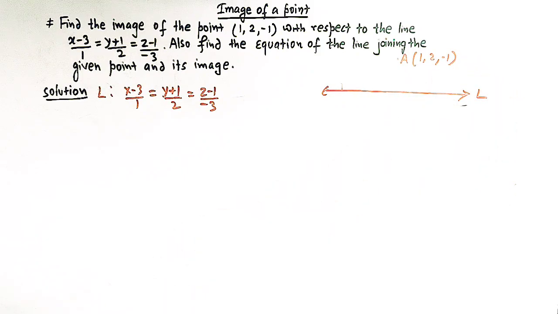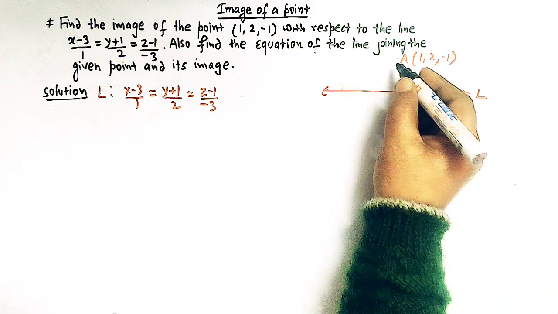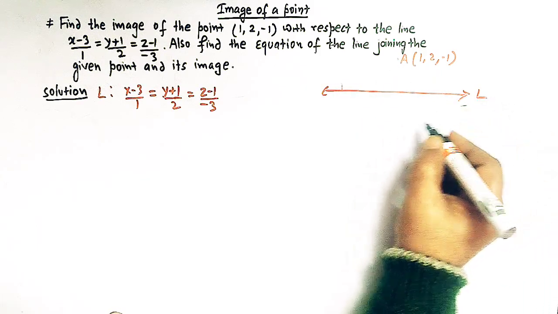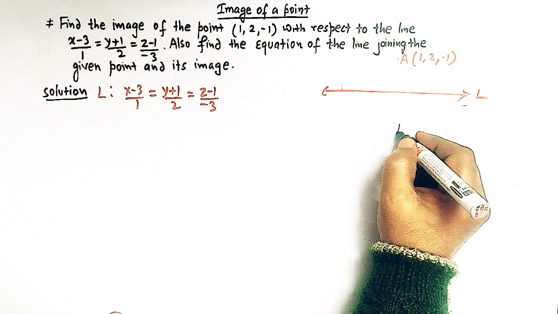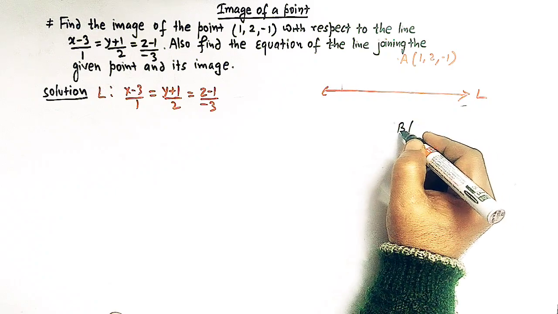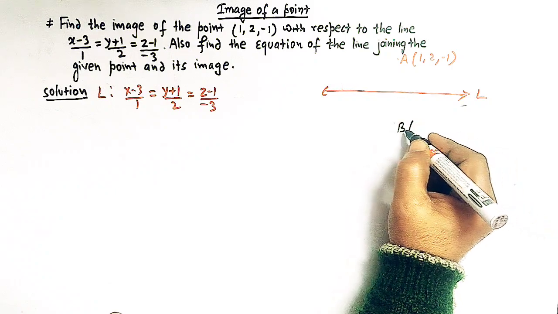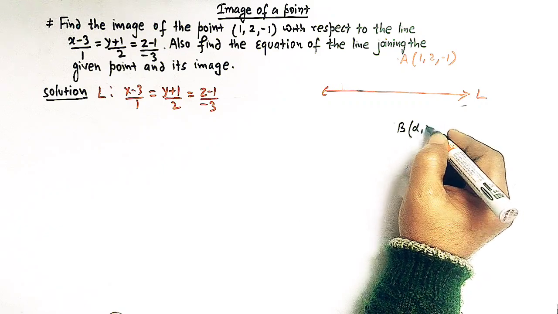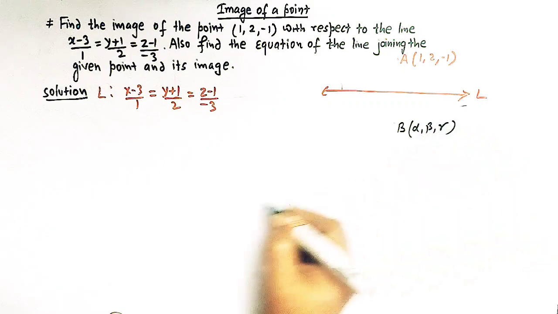So let us consider the image of this point A with respect to this line L as B, and suppose the coordinates of the point B are alpha, beta, and gamma, right?